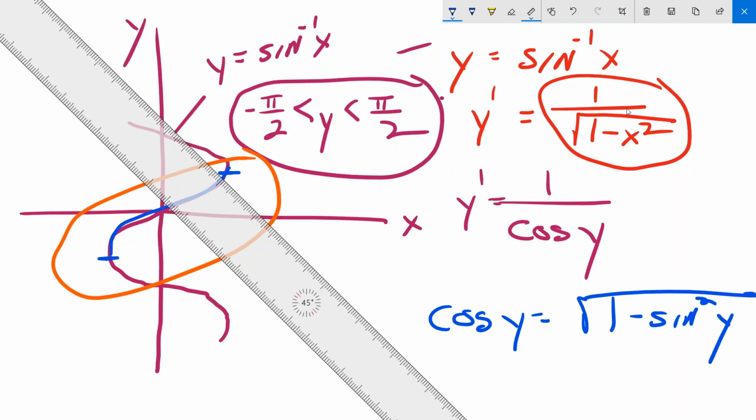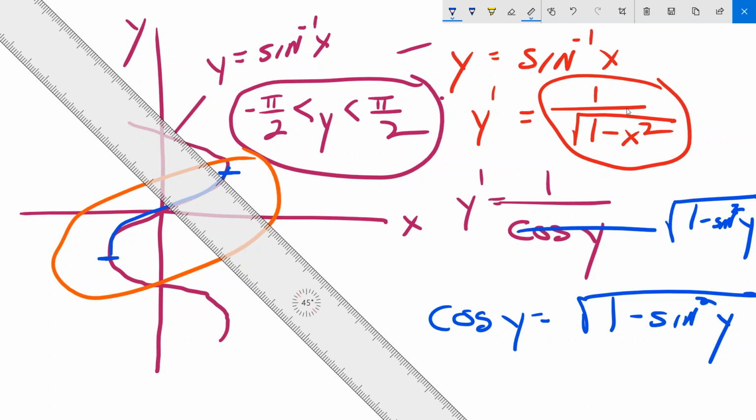Cosine squared plus sine squared is equal to 1. So cosine of y is equal to the square root of 1 minus sine squared of y. So I can replace that with 1 minus sine squared of y.